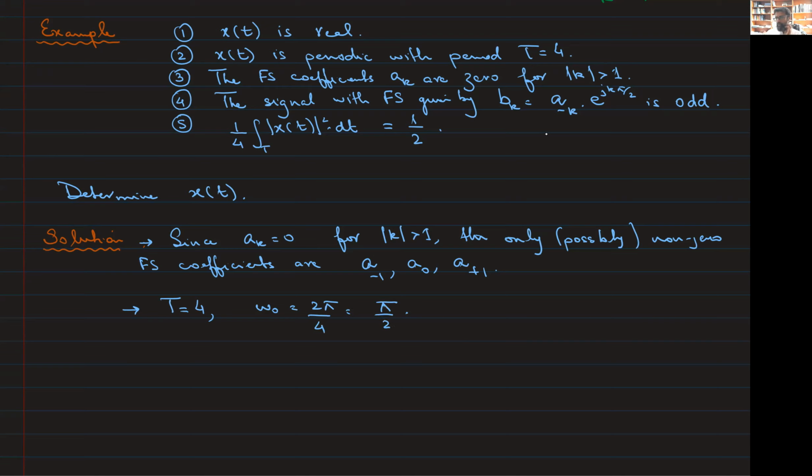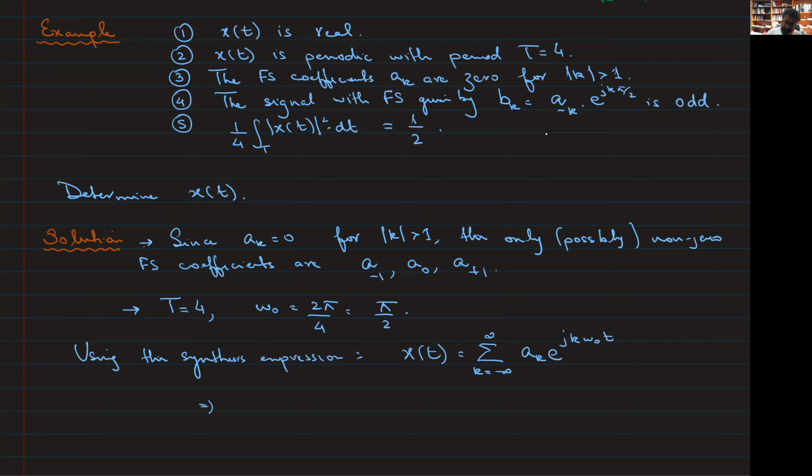So this is something I know. Now, if I were to apply the synthesis expression, what kind of a signal would x of t look like? Using the synthesis expression, I know that the Fourier series decomposition of x of t can be written as summation k equals minus infinity to infinity, a sub k times e raised to power j k omega naught t.